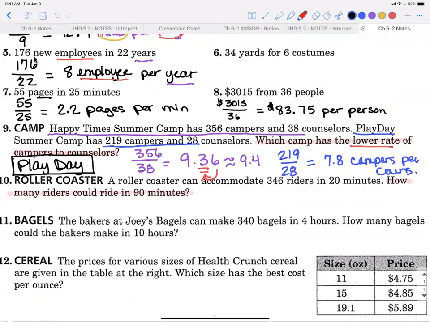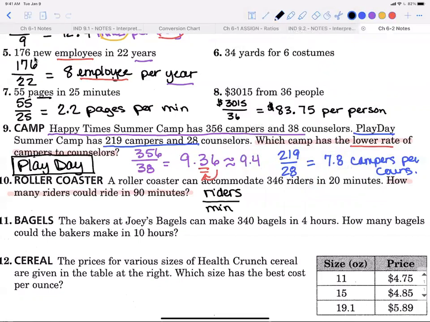This is where I was talking about we're missing some information. If you set up a ratio, and I want you to do this on every single one of these that's missing something, if you set up a ratio of riders to minutes, you're giving yourself a framework that you're going to use throughout the whole problem.